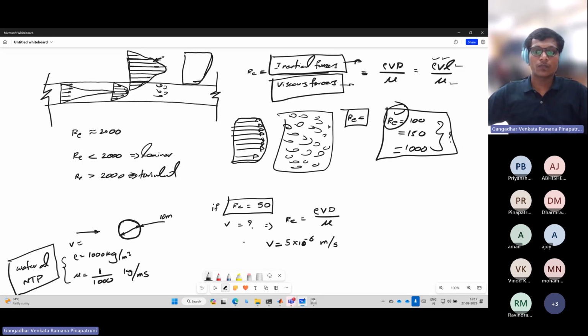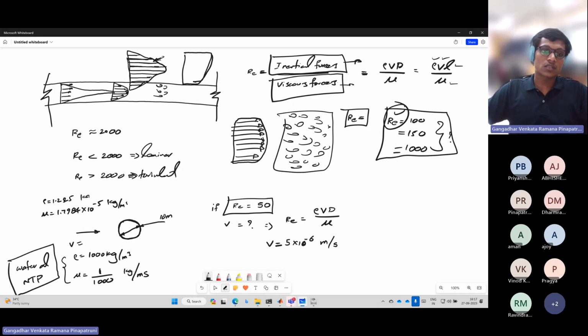What shall we do? If you increase some parameter, it will be problematic like this. 50 gives an extremely low value, right? Sir, we can change the value of mu, the dynamic viscosity. What about air? I'm taking air as the medium, with rho equal to 1.225 kg per meter cube and mu equal to 1.7984 times 10 to the power minus 5 kg per meter second.